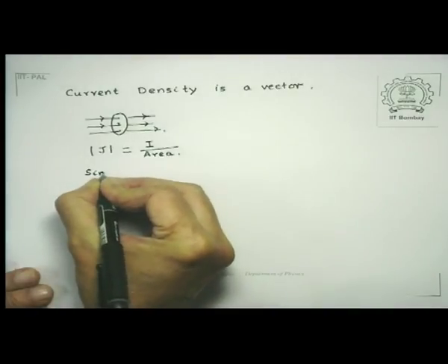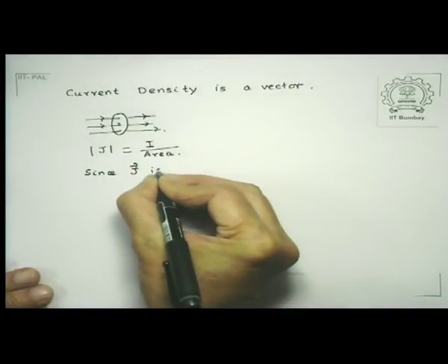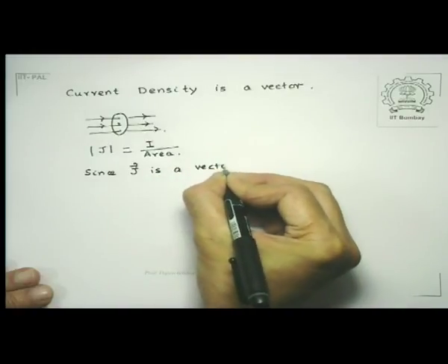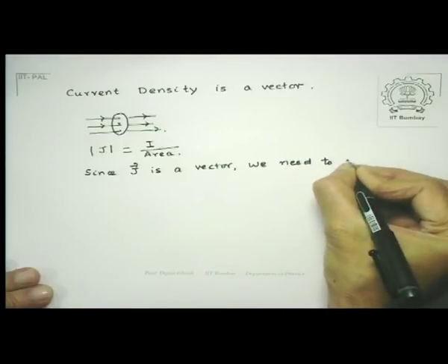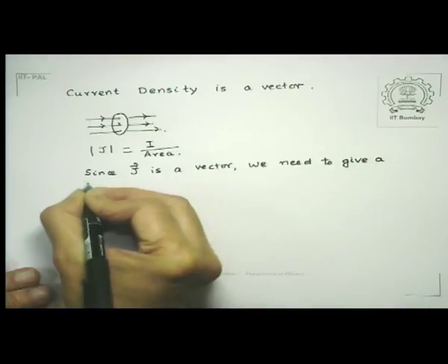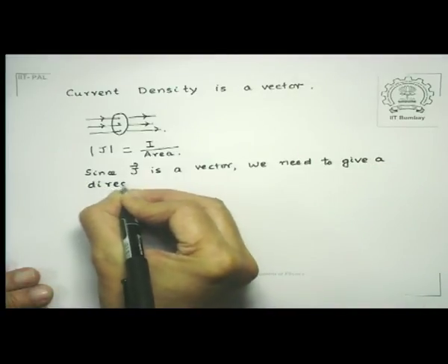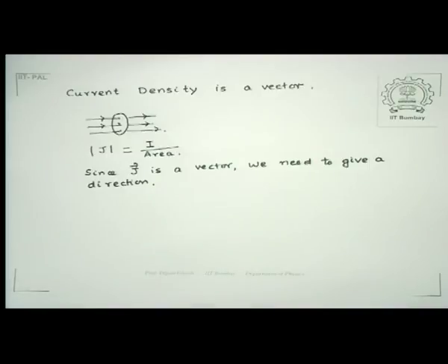Since J is a vector, we need to define its direction. Now you are all aware that if you take an infinitesimal surface area, that area can be made as flat as you want by making the surface area smaller and smaller, so that I can associate a direction with it.